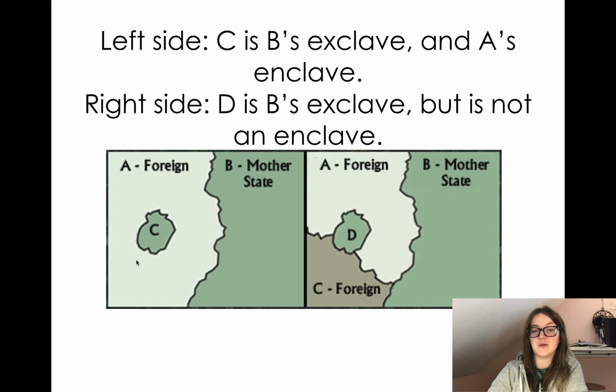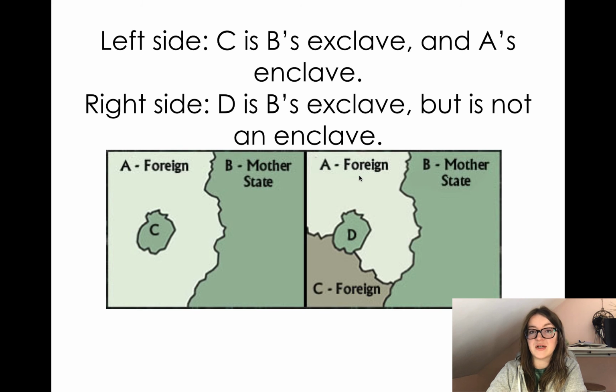Hopefully that makes it a little bit more clear. So it's an exclave of country B, but it's an enclave of country A, or within country A. On this side, it changes a little bit.